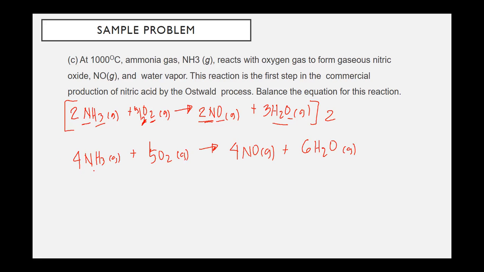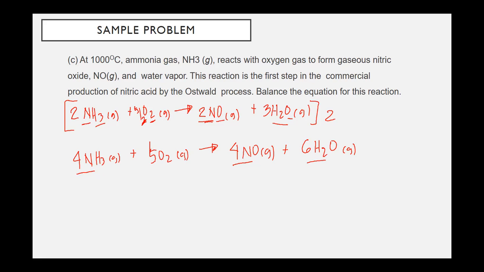So check natin if balance na. So we have 4N. We also have 4N here. H3, so 4 times 3, we have 12H. Dito naman, 6 times 2, we also have 12H. So balance siya. So let's check naman kung balance na ang ating oxygen.